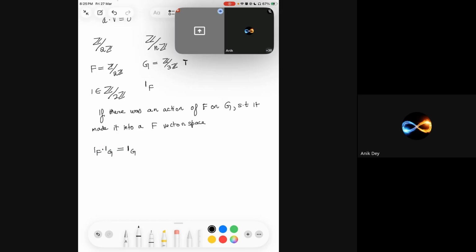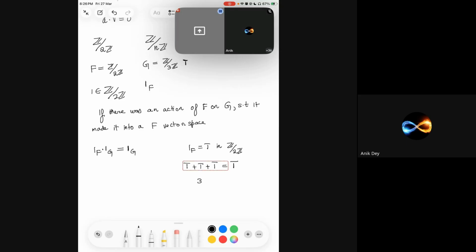But this map must be well defined, right? So 1F is the element 1 bar in Z by 2Z. And 1 bar plus 1 bar plus 1 bar is equal to 1 bar here.